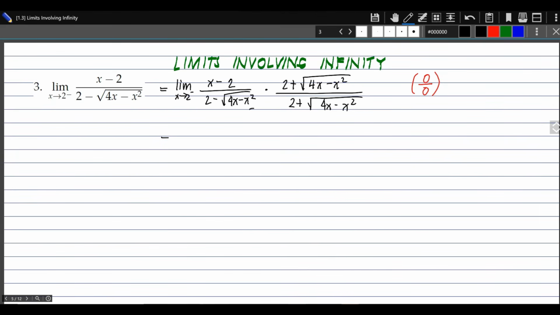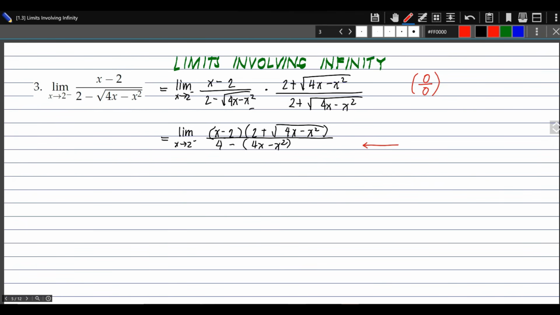Multiplying, this is equal to the limit of x minus 2 times 2 plus square root of 4x minus x squared all over, the denominator becomes 4 minus the quantity 4x minus x squared, as x goes to 2 from the left.